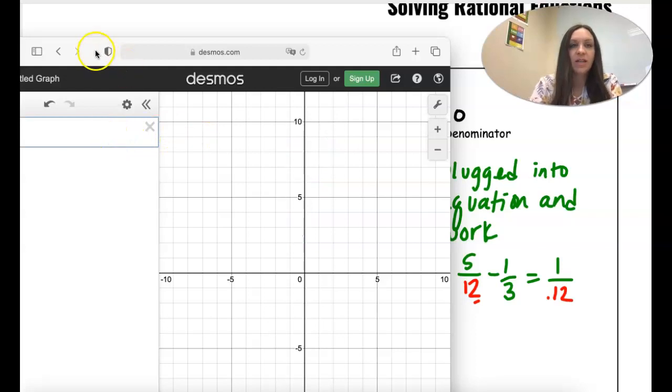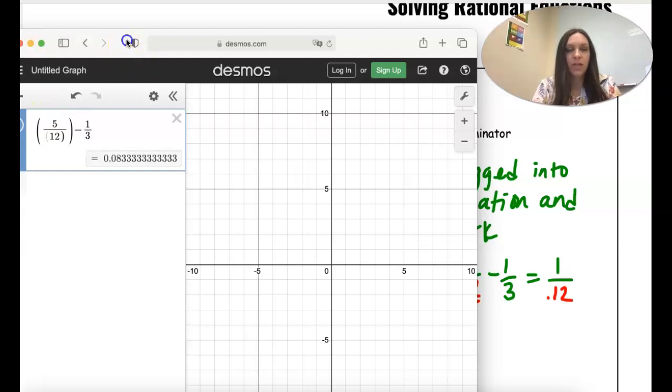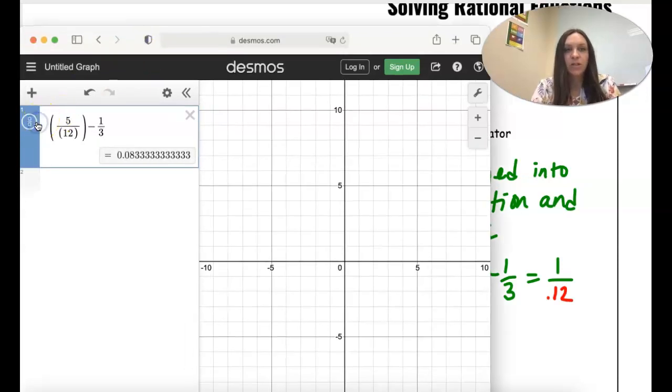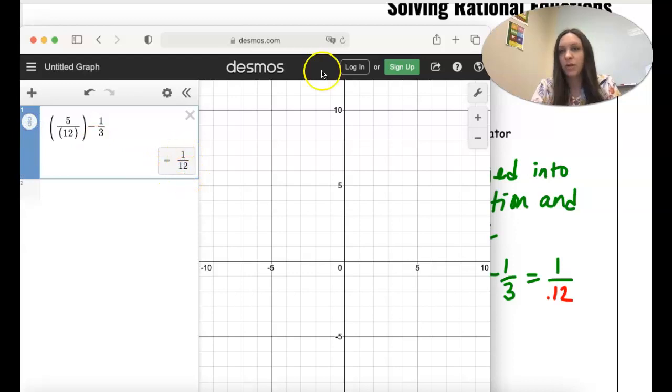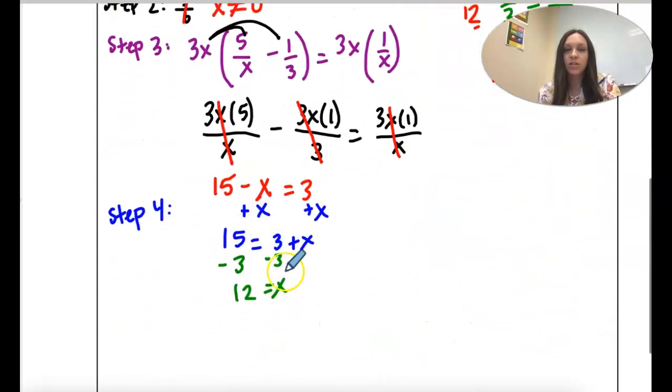So if I take 5 12ths minus 1/3 and push my little fraction button, see, I get 1/12. So this one, 1/12 does equal 1/12. So our solution works.